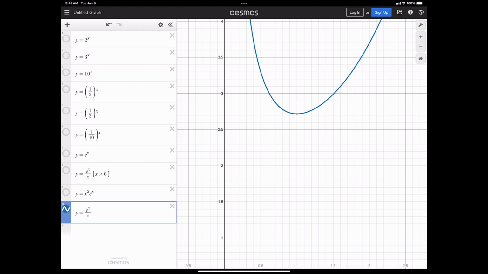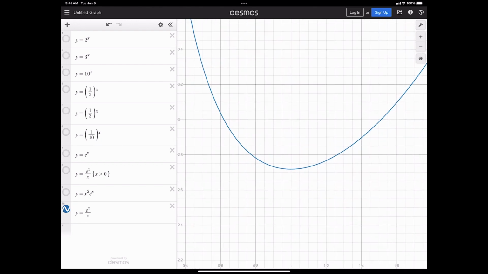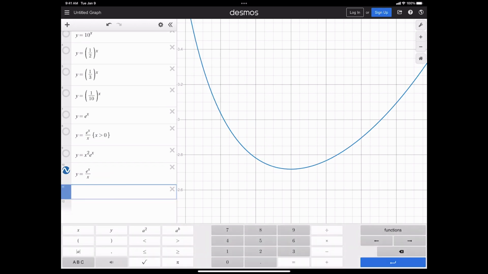So when x is 1 right in here, that other number is e, 2.718 approximately. So sure enough, isn't that horizontal? Is there a horizontal tangent line at that point? Well, y equals e.